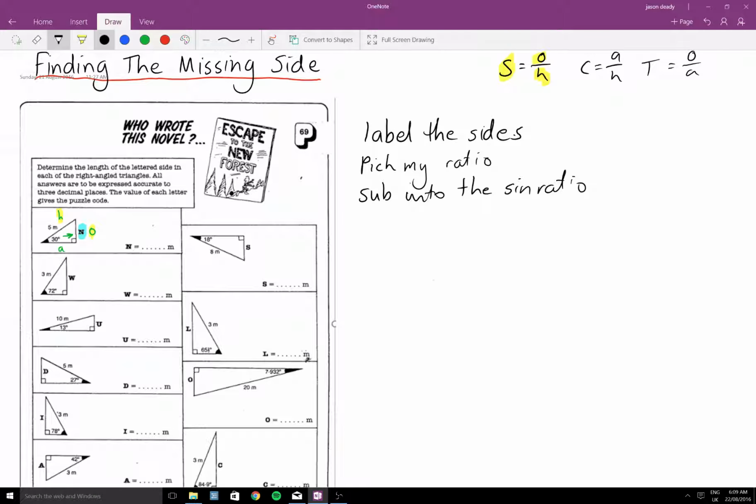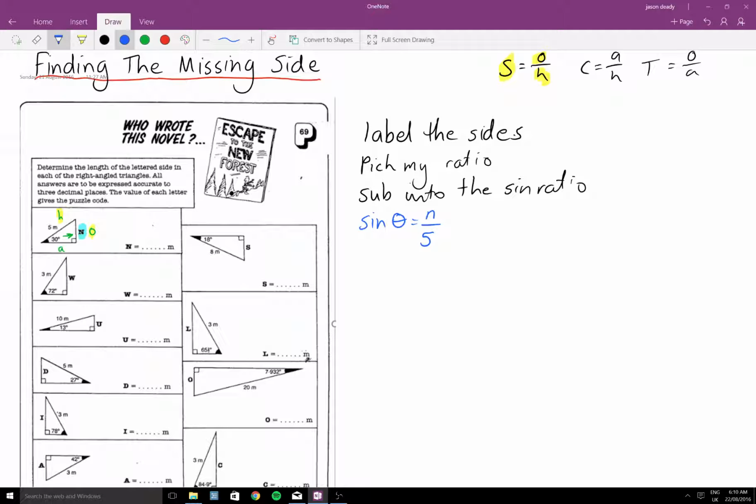So for that, I'm just going to write sine theta equals, now my opposite is n and my hypotenuse is 5. Okay, so sine theta equals n over 5.